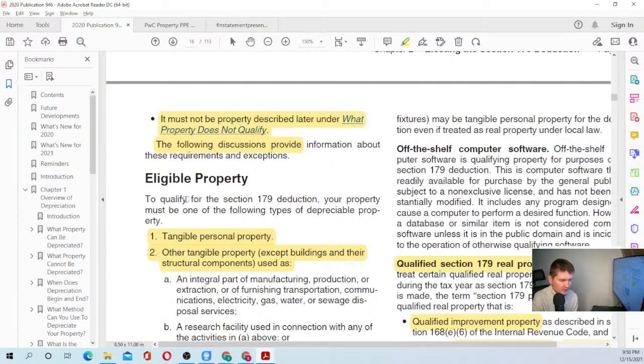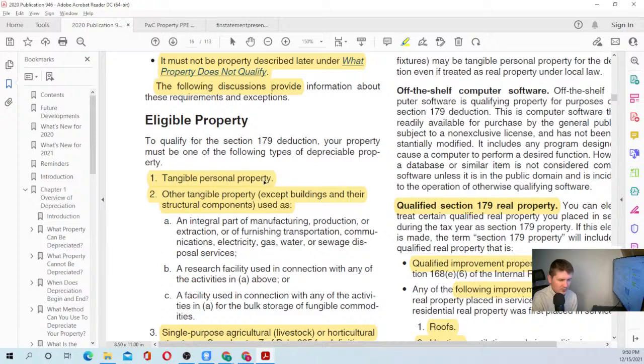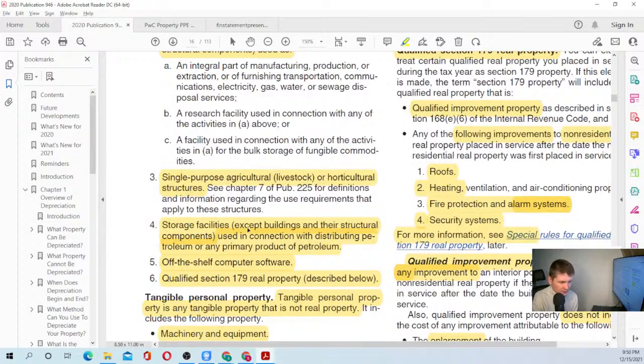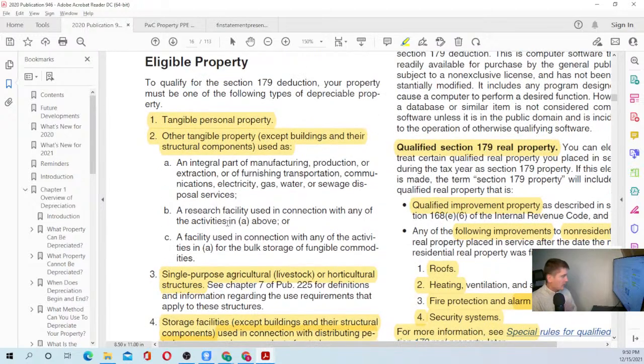So what is eligible property? Tangible personal property, other tangible property, except buildings and their structural components, single-purpose agricultural storage facilities, except buildings used in connection with distributing petroleum, off-the-shelf computer software, qualified section 179 real property described below.